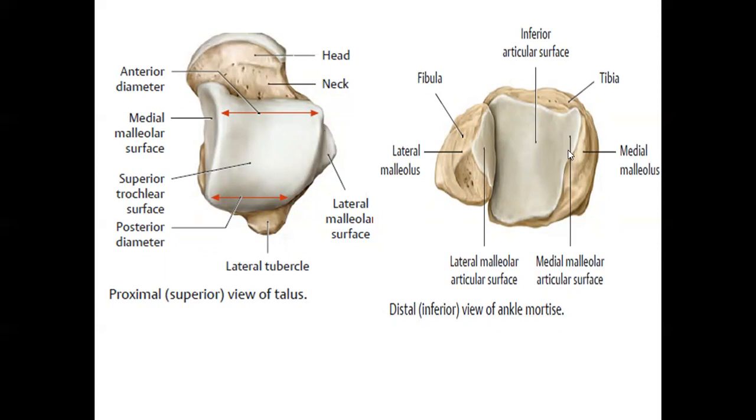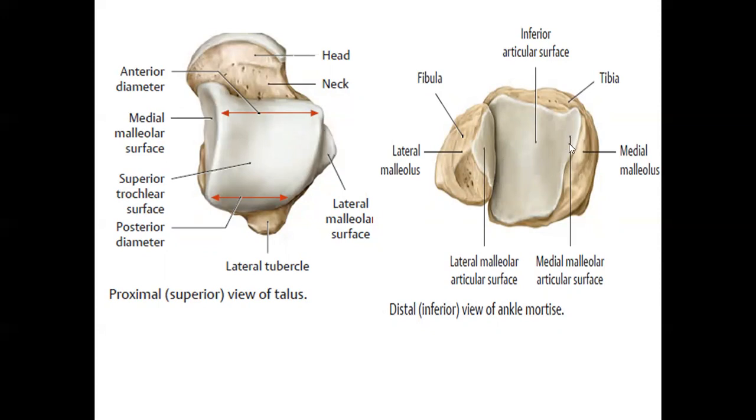Now here, the articulating surface on the inferior aspect of this tibia will articulate with the trochlear surface. The articulating surface on the lateral aspect of the medial malleolus, this was the medial malleolus, this was the medial surface, this was the lateral surface.